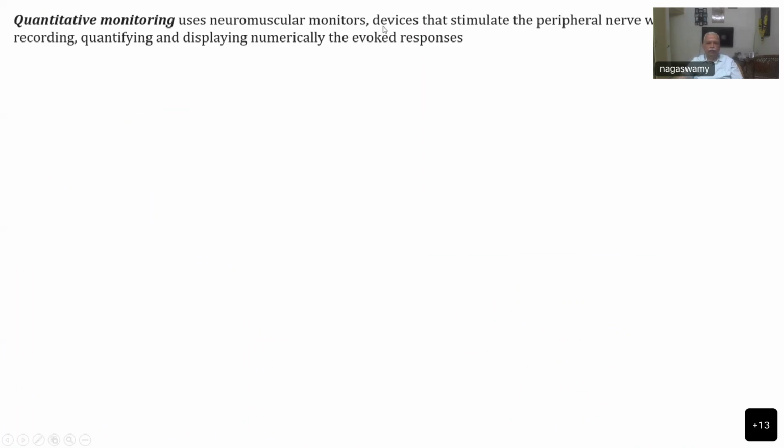Uses of neuromuscular monitors: devices that stimulate the peripheral nerve while also recording, quantifying, and displaying numerically the evoked responses. This is the quantitative monitoring.